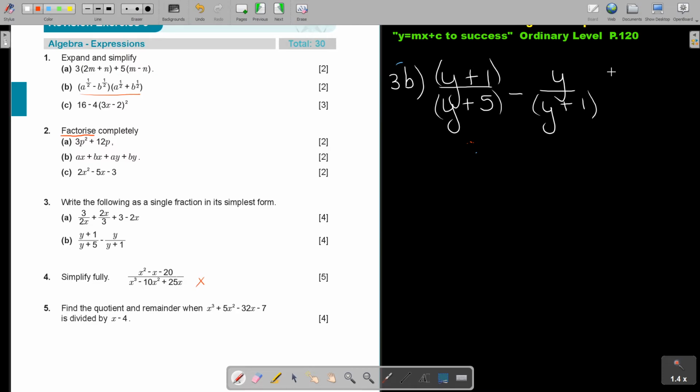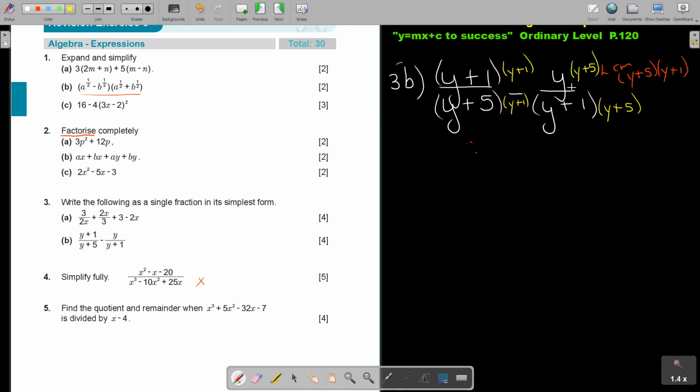Now, again, it's an expression. So what is my LCM? My LCM is basically just the two brackets, y plus 5, y plus 1. So, again, I'm doing the same. To get there, I just multiply this with y plus 1. Whatever I do at the bottom, I do at the top. Here, I multiply with y plus 5, and I multiply with y plus 5.